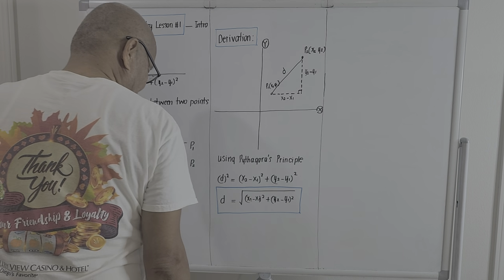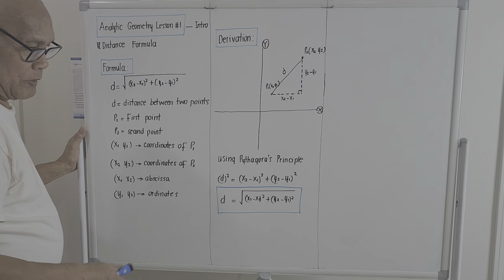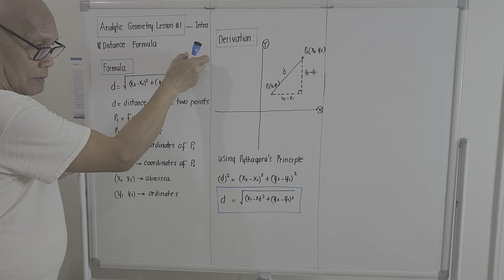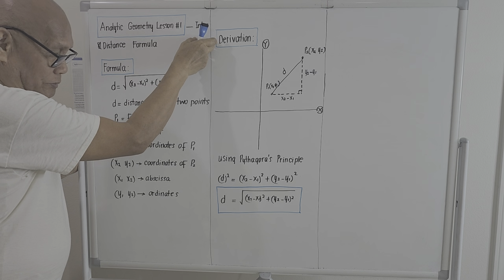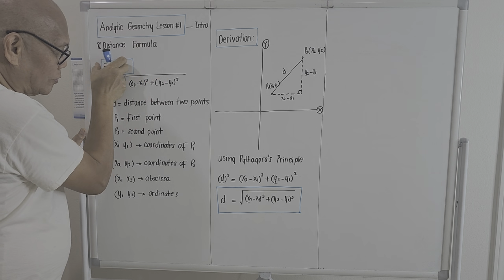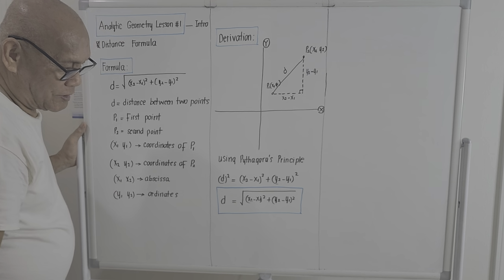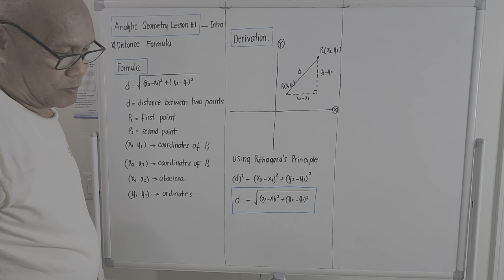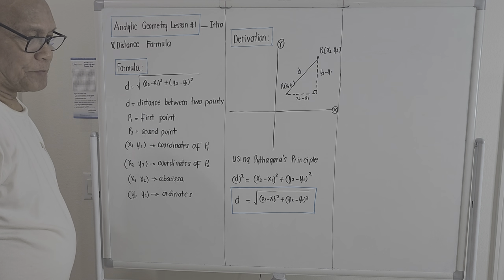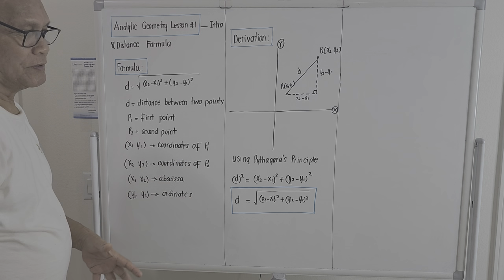This is my first lesson for this morning on the long video format topic, and the title of the topic will be Analytic Geometry. The title will be Introduction, and we'll go immediately with the so-called distance formula. For the introduction, it is just a matter of discussing the properties of the Cartesian coordinate system.